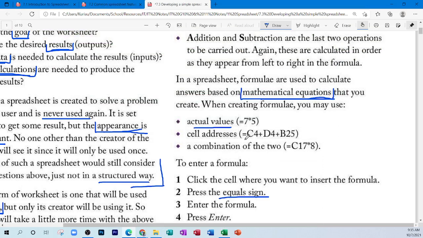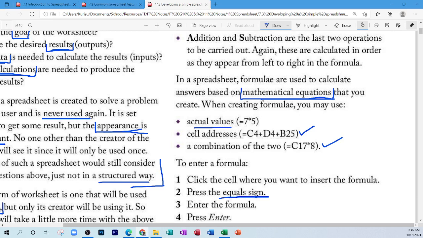It can use cell addresses, as mentioned already, and it can use a combination of both cell address and a value. So nothing's wrong with using a value, but in some cases using a cell address is going to be more effective, and we already looked at why cell addresses are more effective.